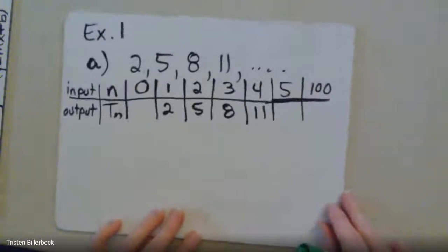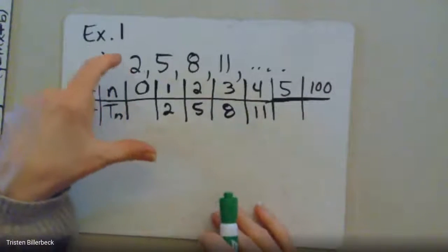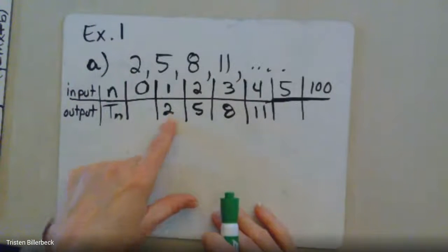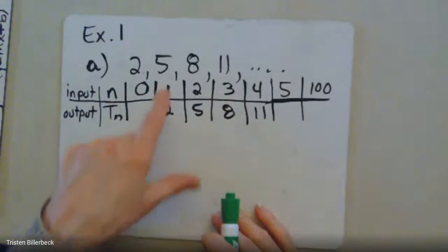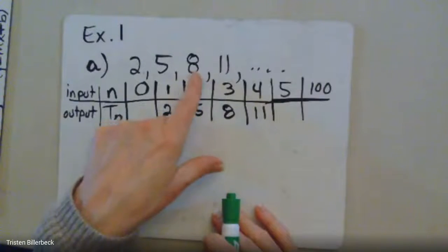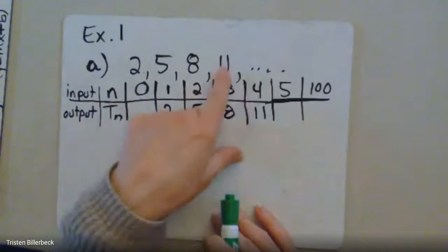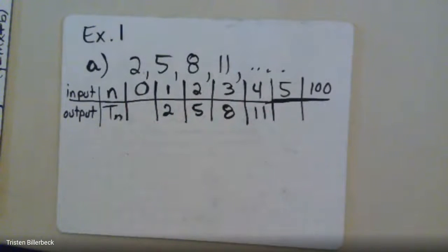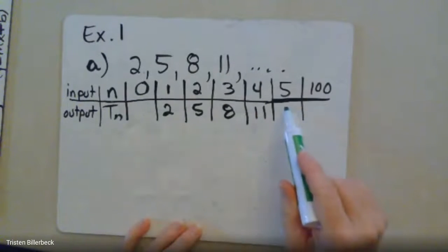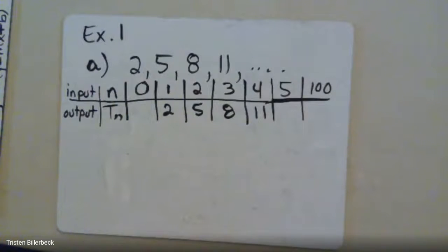All right, example 1. So if we have an input here, I'm going to put this is my first term, so I'm putting it under the 1. My second term goes under the 2. My third term goes under the 3 for n. My fourth term under the 4. Now, if I want to predict figure 5 and figure 100, I need to know what figure 0 is.